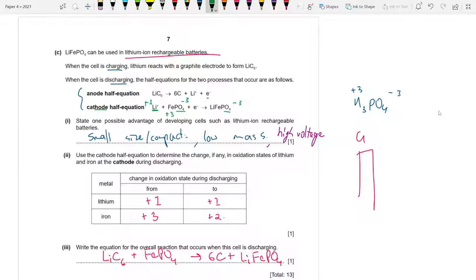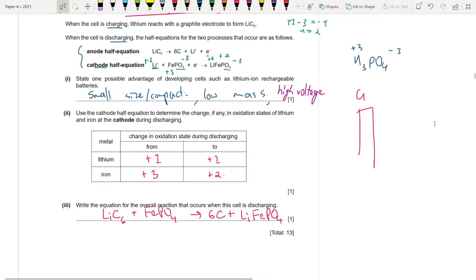Group 1 metals can only be +1. So if it's in a compound, it has to be +1. But iron, look at this. If I want to balance this, +1 plus x minus 3 is equal to 0. So x is equal to +2. So iron becomes +2. So iron goes from +3 to +2. And lithium goes from +1 to +1, essentially no change.